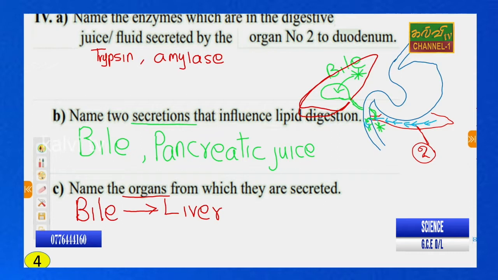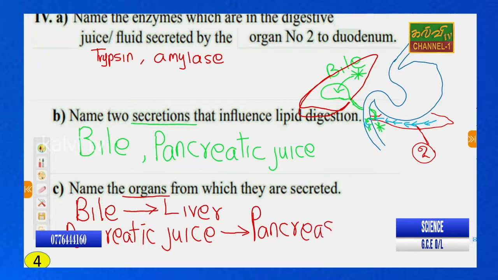So the organ is the liver. Then pancreatic juice is secreted by the pancreas. Okay, students, we will move to the next slide. So everything is clear.